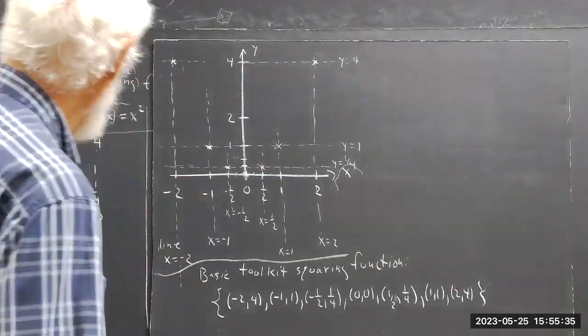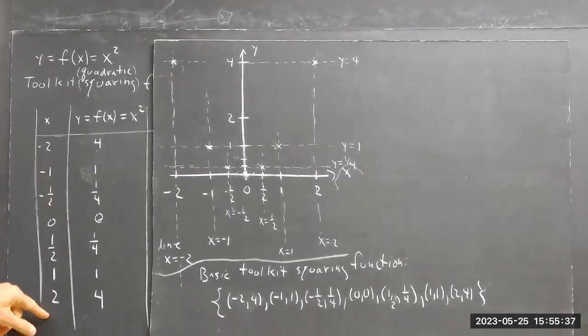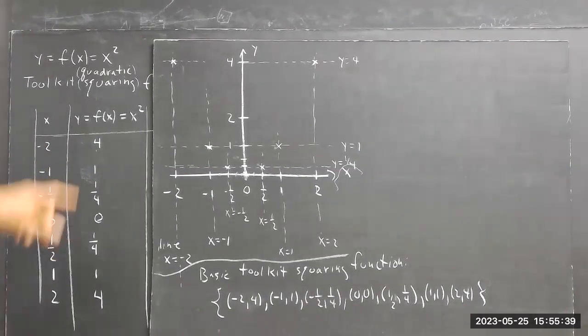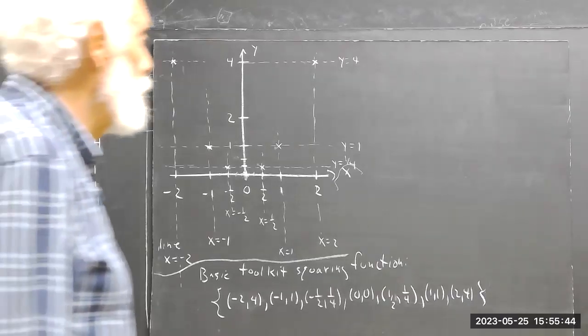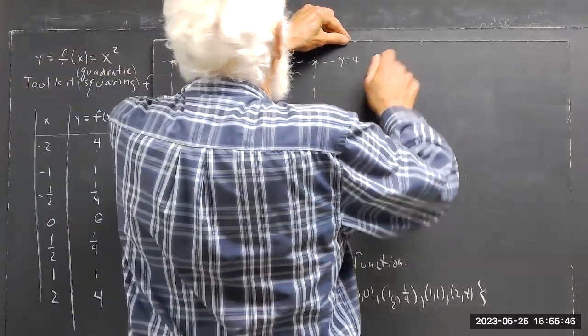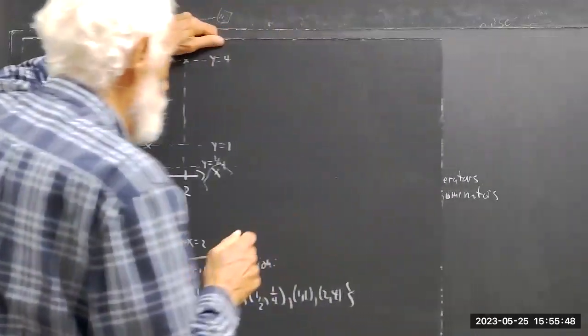is the set of x values. Here's our domain. Here's our range. Okay, so the domain. And let's put this over here a little bit more.